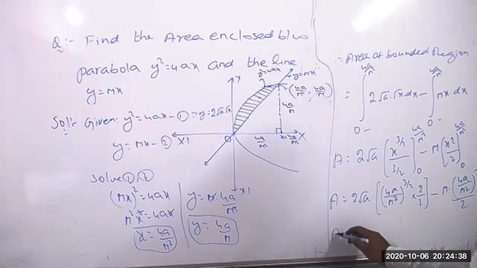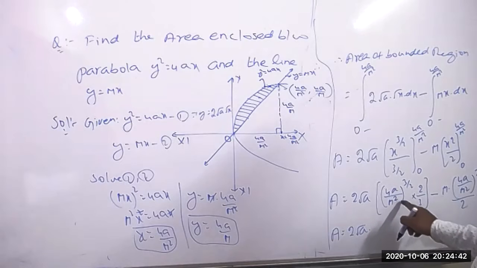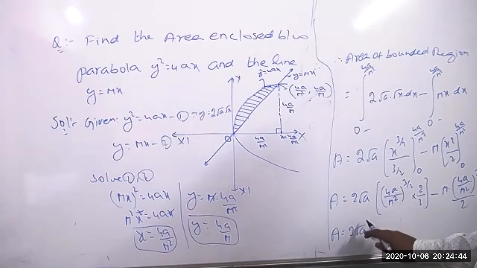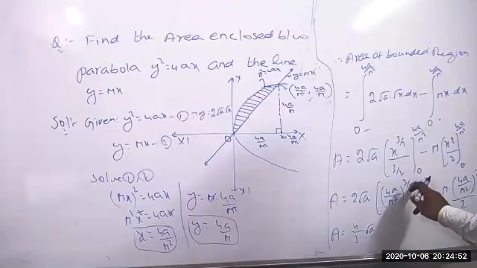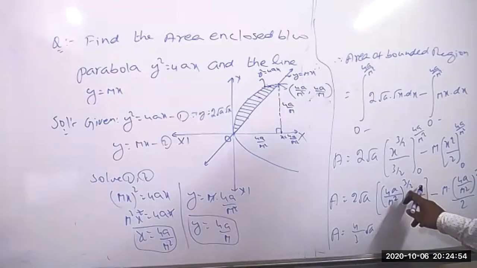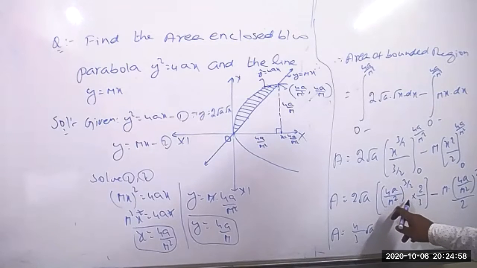The completely can simplify that. A equal to 2 into root a, and you can calculate these values here now. 2 to the 4. If you want, you can write directly 4 by 3 into root a, and 4a whole power 3 by 2 means anyhow 2 will be cancelled. It becomes m cube clearly.